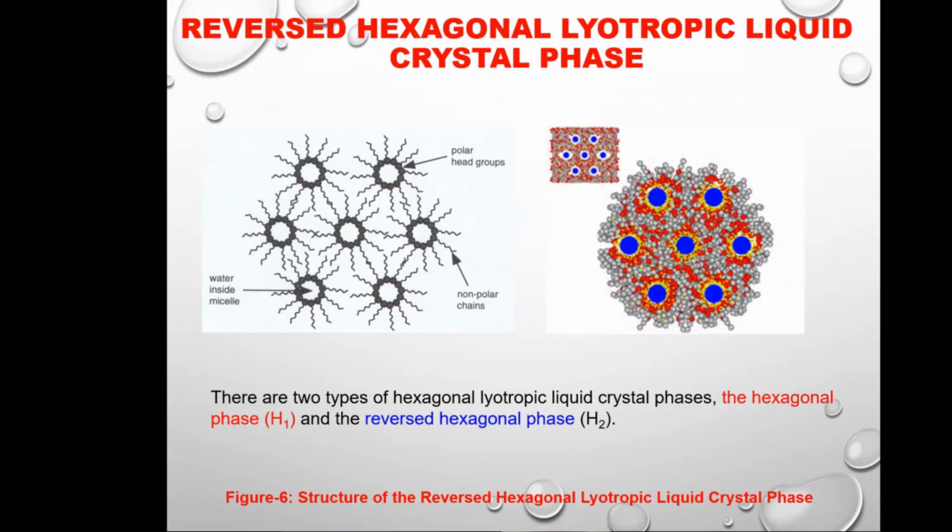As we can have those micelles also in the form of reverse micelles, such structures also may self-arrange into the hexagonal phase, and then we have the water inside the micelles and the nonpolar chains sticking out of the micelle. So these phases exist, for example, in oil solution.